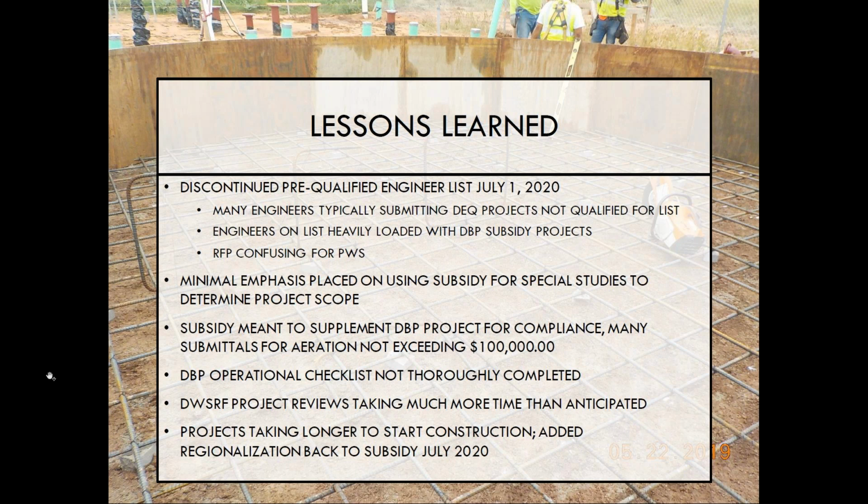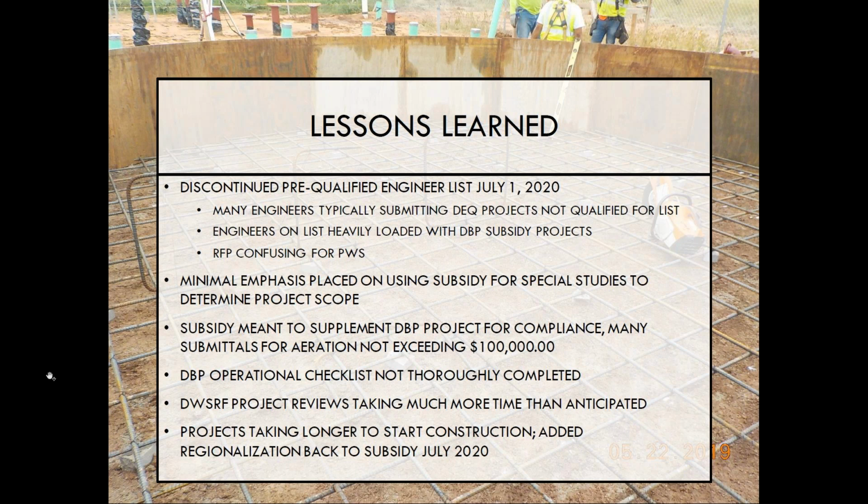Now for the health-based subsidy, we discontinued the pre-qualified engineers list just back in July of 2020. And we did this because a lot of the engineers we're typically seeing submit projects to us didn't qualify for the list. They weren't the engineer of record for a lot of the projects that they had worked on.